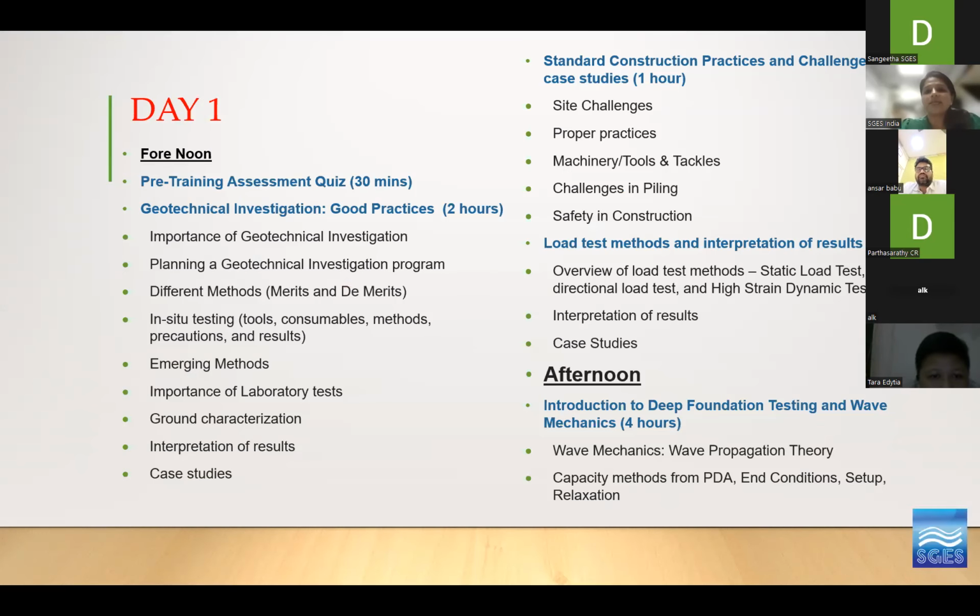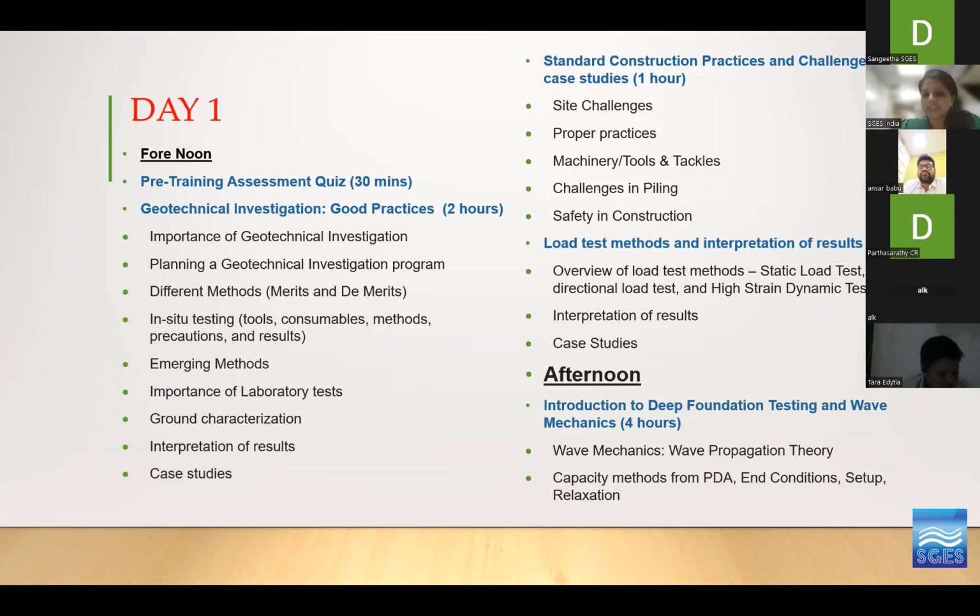This training, on June 22, 23 and 24, starts with good practices in geotechnical investigation. The entire program will be explained with real-time case studies, and you will get hands-on experience with the PDA equipment as well.